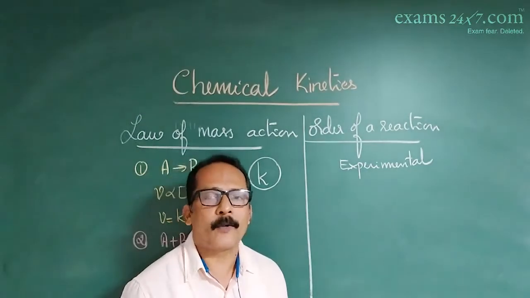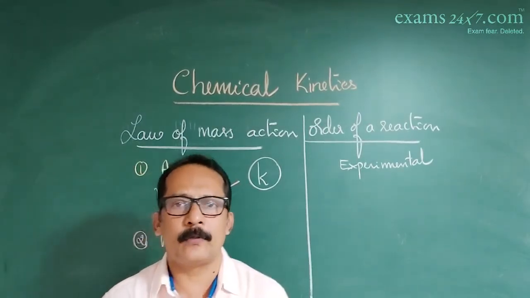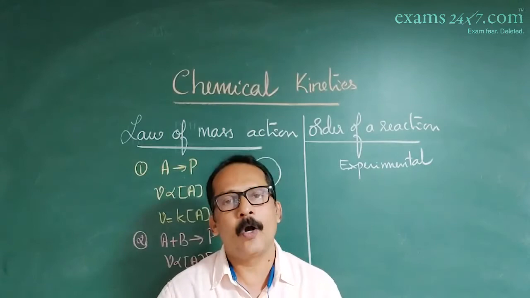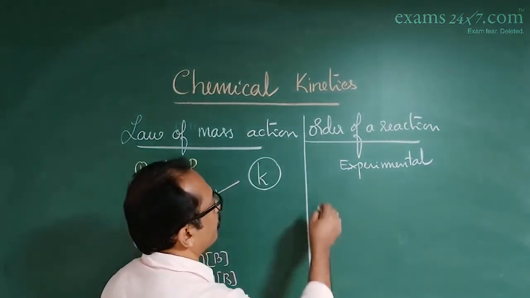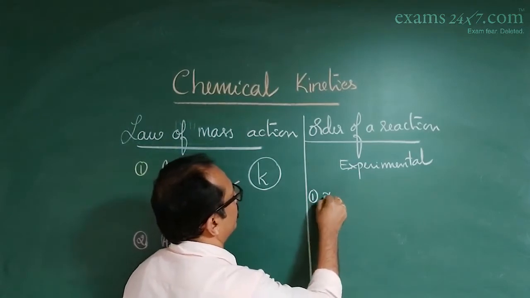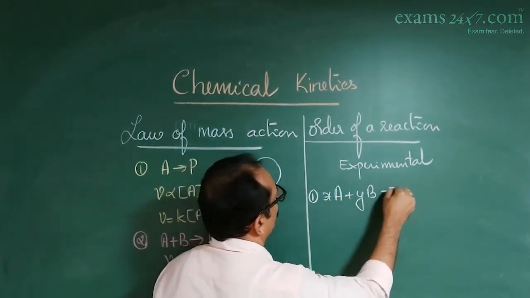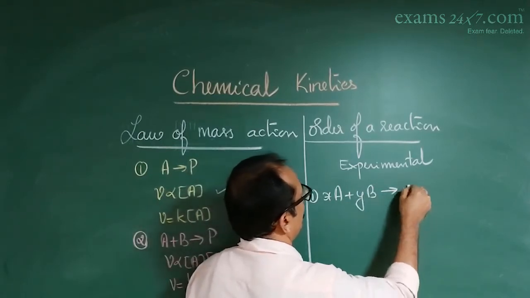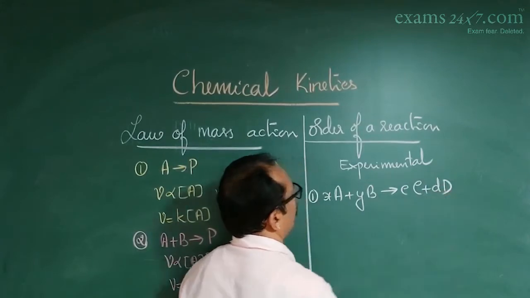That's called the order of reaction. And the order of a reaction may be 0, a whole number, or a fraction. For example, in this reaction, x moles of A and y moles of B give c moles of C and d moles of D.